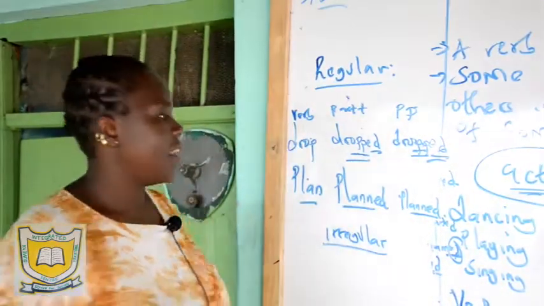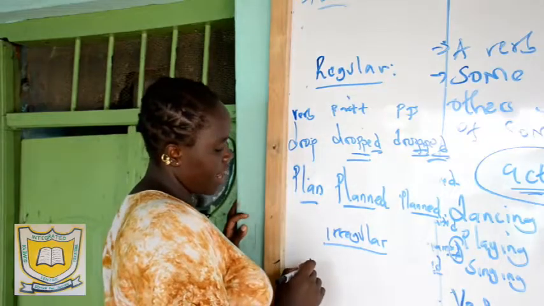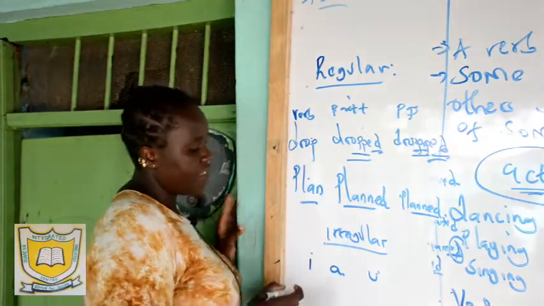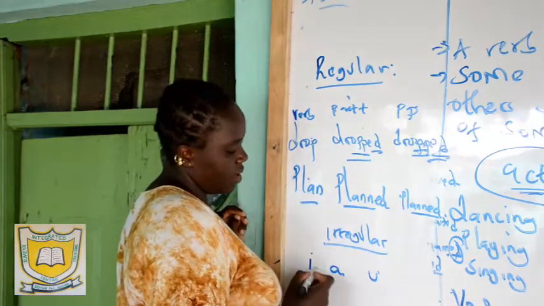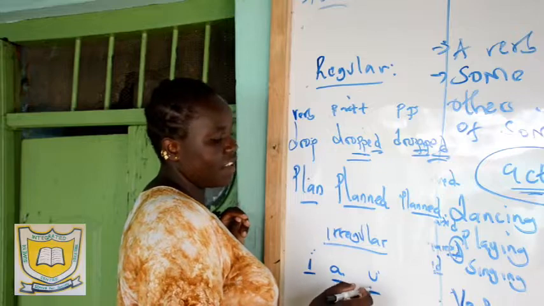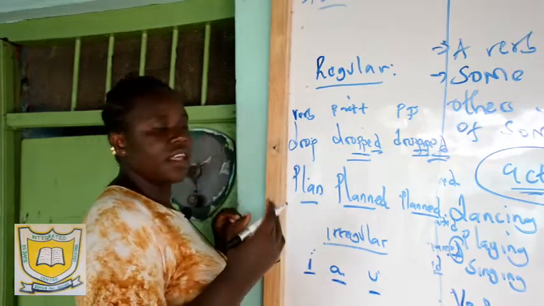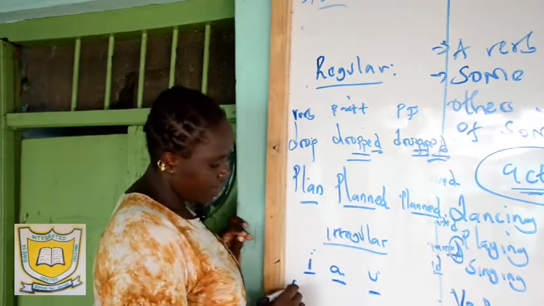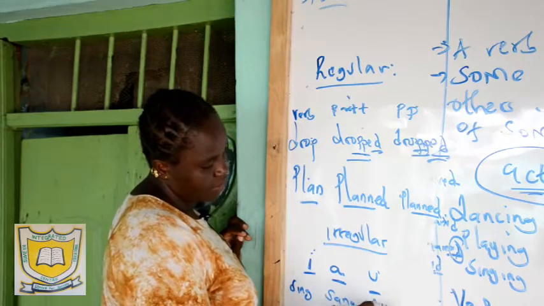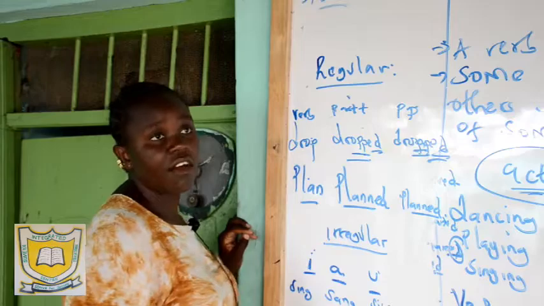Example 1, we have those irregular verbs that change from an I to an A to a U. Like the present tense has I, the past tense has an A, and the past participle has U. An example is sing. We can say sing, past tense becomes sang, then past participle becomes sung.